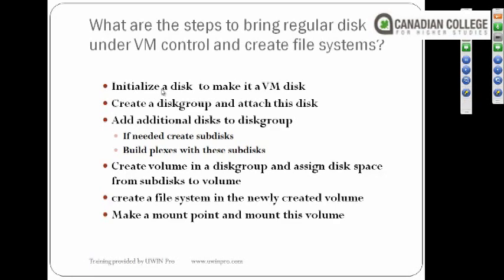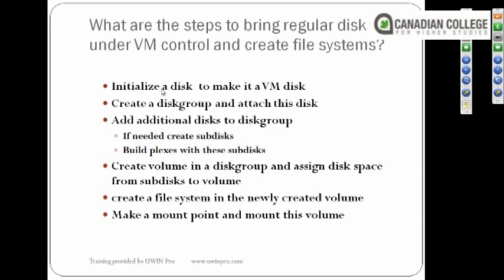Don't worry about subdisk now. But can you understand this? We take the physical disk, we initialize them and make them what? VM disk. Then after making VM disk, we'll put the VM disks in a disk group. And after putting the VM disks in the disk group, we create volumes. Don't worry about subdisk.